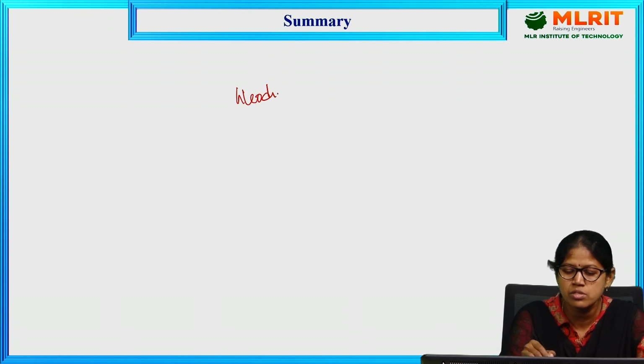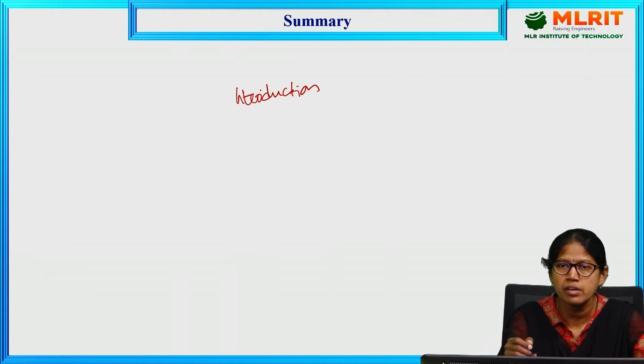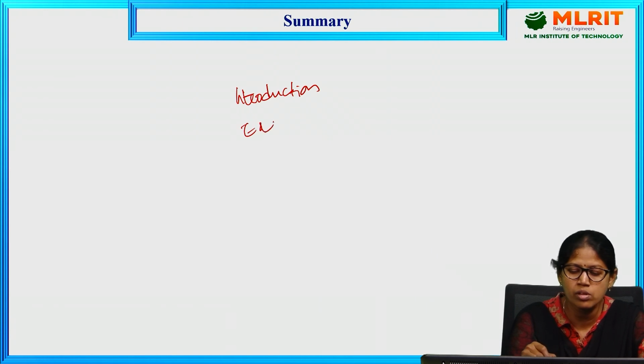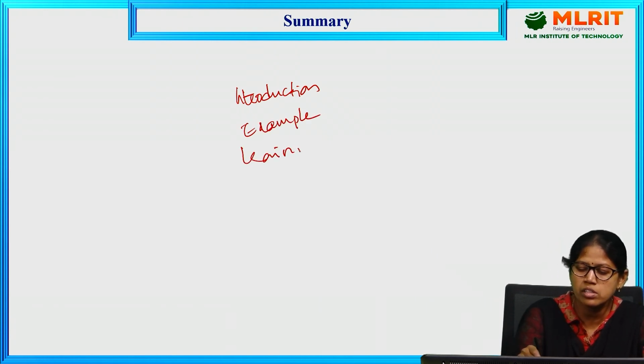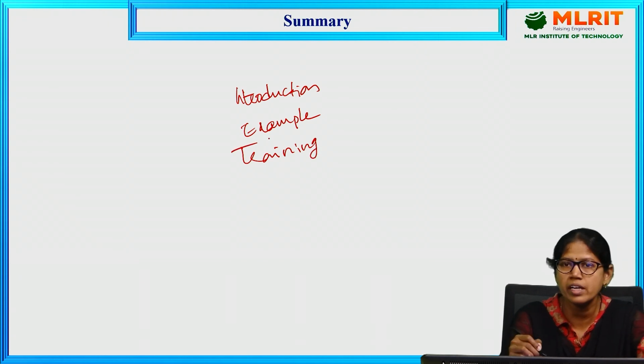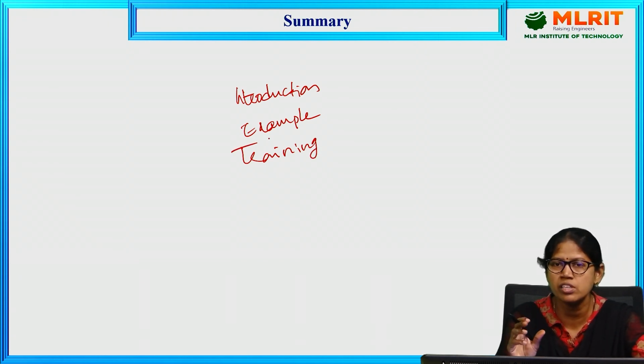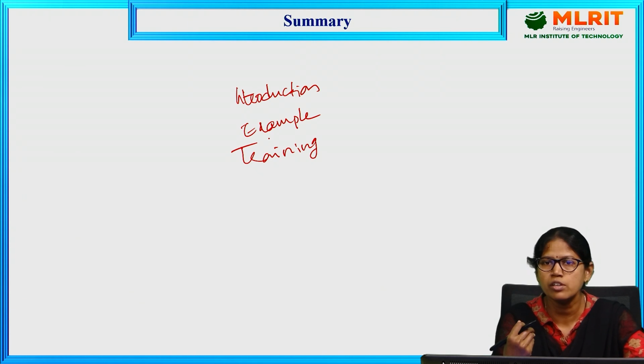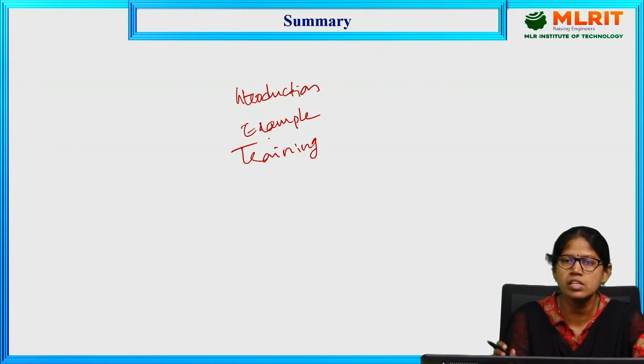Let's see the summary of this session. So we have seen when it was introduced, what the single layer feed forward network is, how many layers it contains, how it processes the information, and we have seen the example. We have seen the training algorithm also, how to train the model: we need to initialize the values, apply some formula to get the output, and observe the error if there is any.